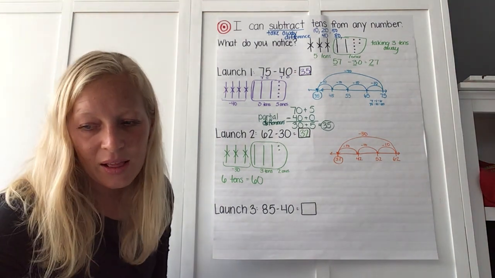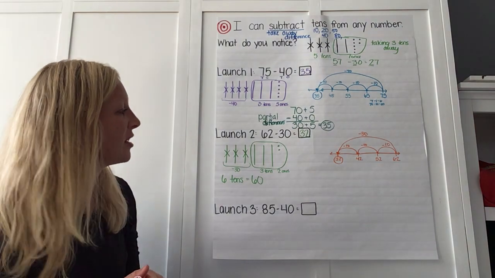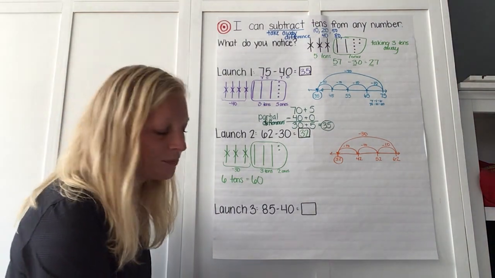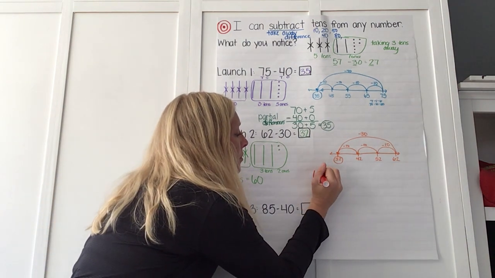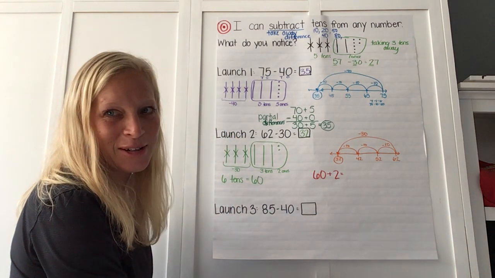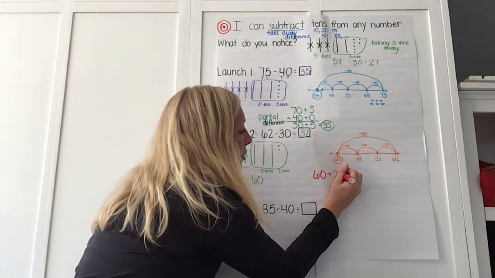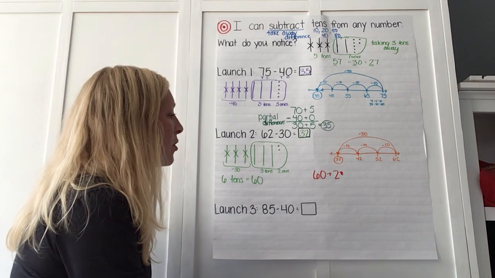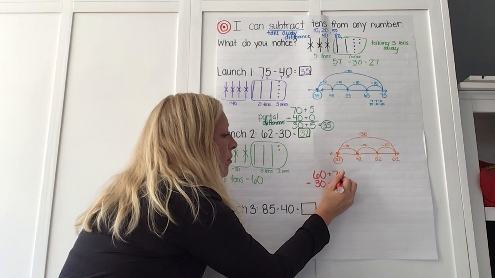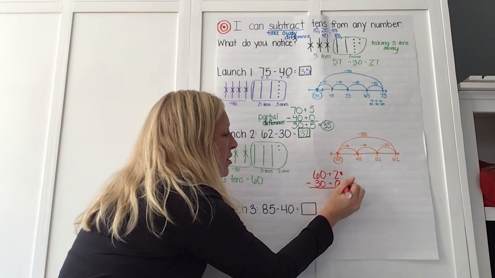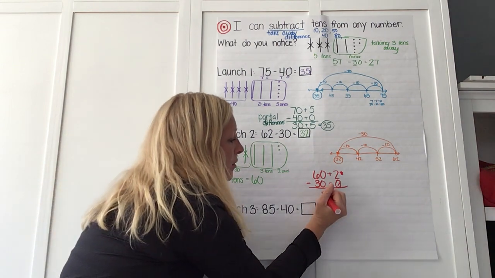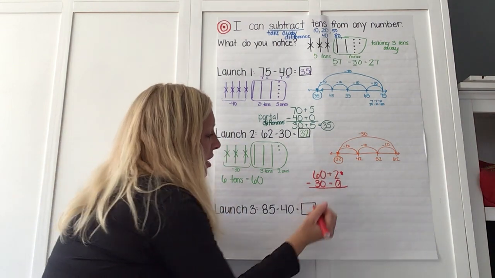All right, let's come together and look at that partial differences really quick. How did you show 62 in expanded form? Oh yes, I don't need that equal sign, do I? We know that makes 62. And what did you do for your 30? Yeah, there's 0 1s in 30, right? And so what do we do first? 6 take away 3 is 3.